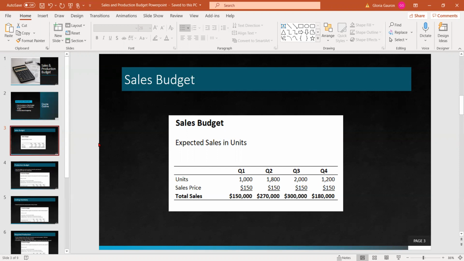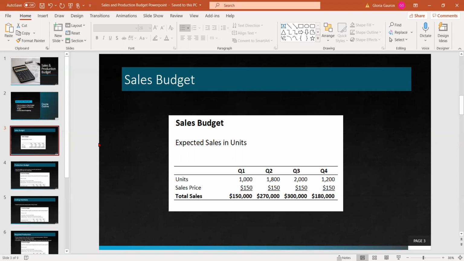So what you begin with is the anticipated number of units that you think you're going to sell and what your sales price is, meaning this is the widgets that you make and sell. In this example, it's $150 per widget.